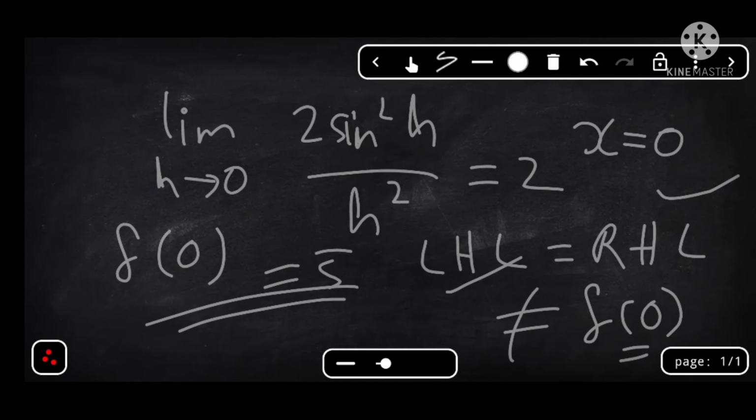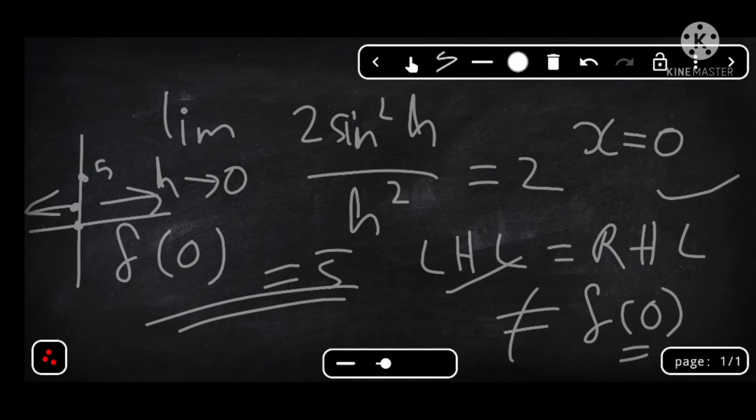Definitely the line will not go through the same pattern; some fluctuations will happen there, because only the LHL limit and RHL limit are going the straight way, but the point 0 is not 2. If suppose this is 2, at 0 it is 5.